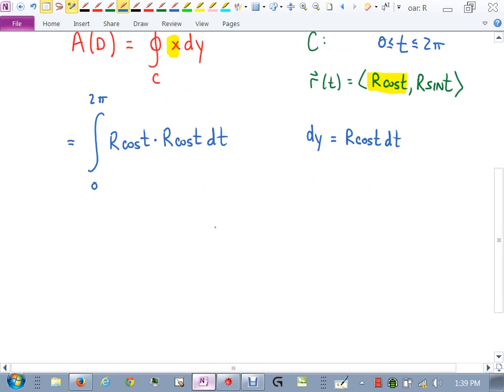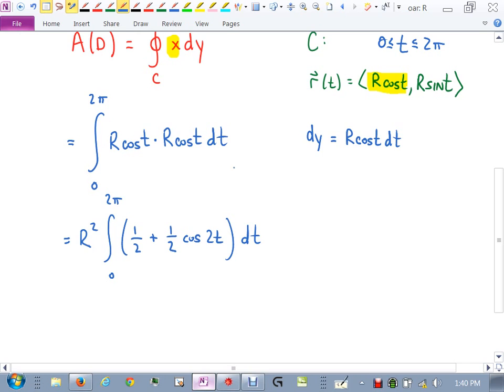Okay, so what would we have here? Bring capital R squared out. 0 to 2 pi. How would you integrate cosine squared t? Half angle, so it becomes 1/2 plus 1/2 cosine 2t, and then dt.